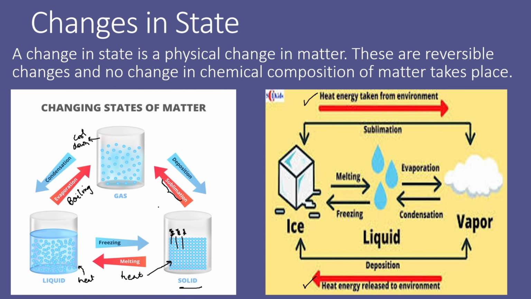For example, solid carbon dioxide, which is also called dry ice, when it is heated it will form carbon dioxide gas. Similarly, iodine is present in crystalline form. When iodine is heated, it changes into gaseous form. So we can say that sublimation is a direct change of state from solid to gas or gas to solid, and there is no liquid state.